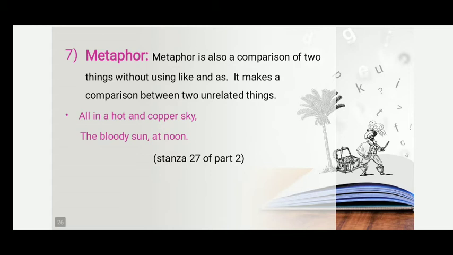Metaphor is also a comparison of two things without using like or as. It makes a comparison between two unrelated things, as here: all in a hot and copper sky, the bloody sun at noon. Stanza 27, part 2.